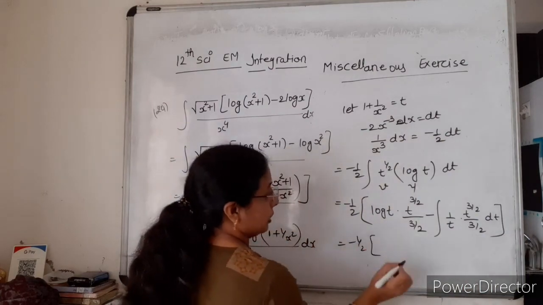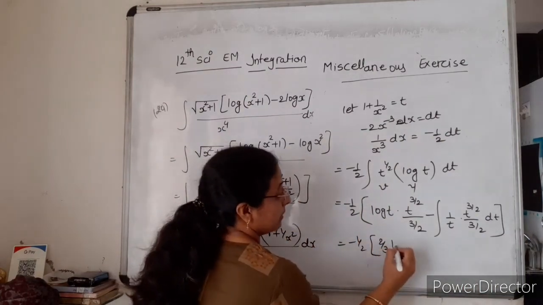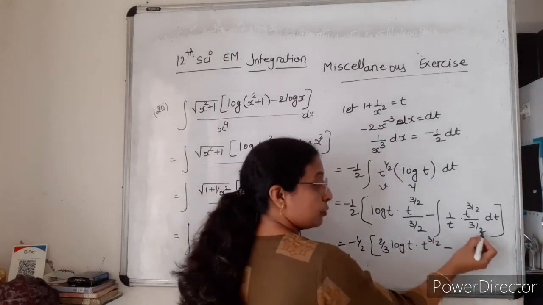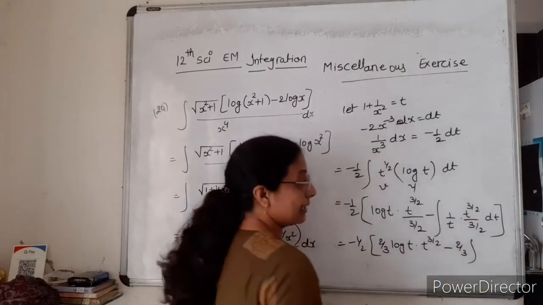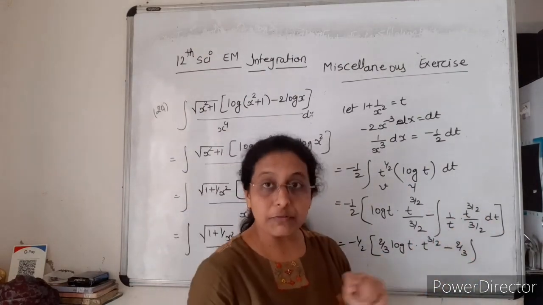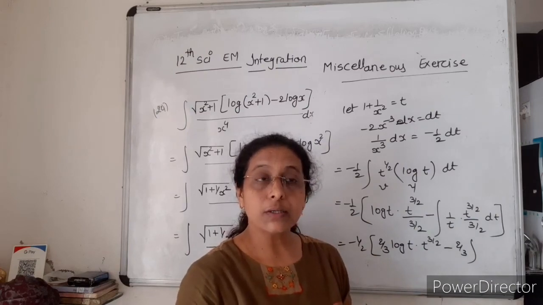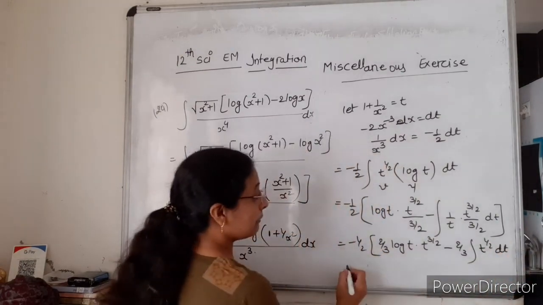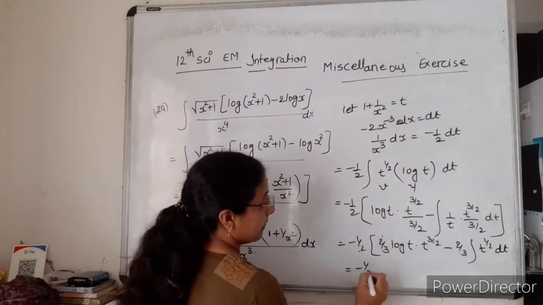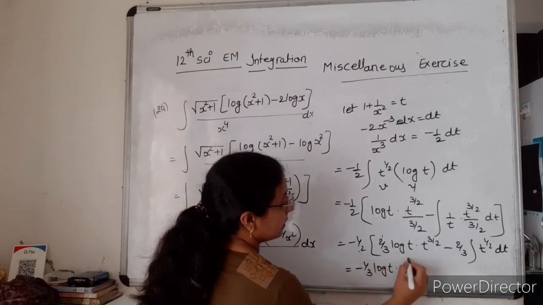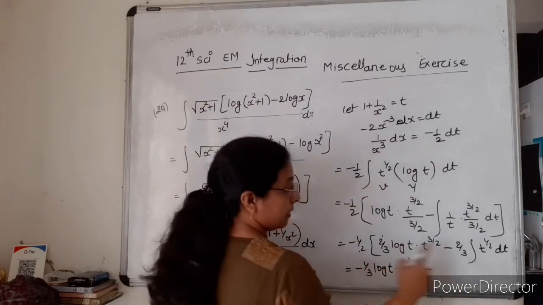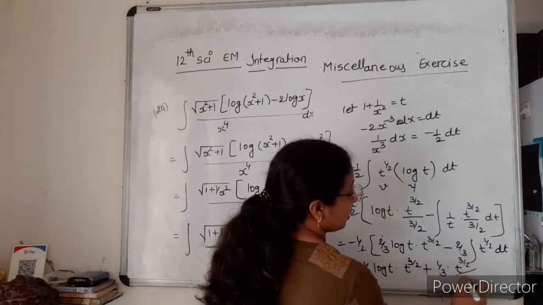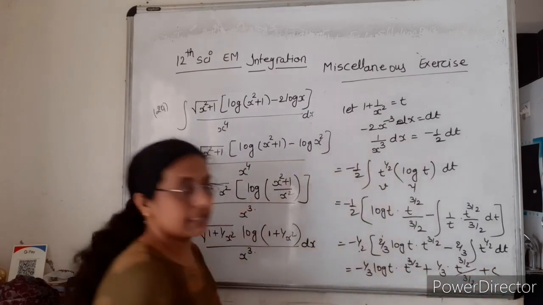So minus 1 by 2, this is 2 by 3 log t raised to 3 by 2 minus, this is 2 by 3 integration, 3 by 2 minus the power 1, so it is 1 by 2, right? So t raised to 1 by 2 dt. Again if you find this, 2 cancel, minus 1 by 3 log t raised to 3 by 2. Here 2 cancel, minus plus 1 by 3 t raised to 3 by 2 upon 3 by 2 plus c.